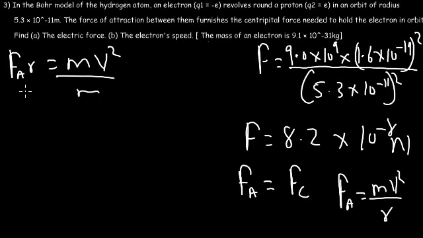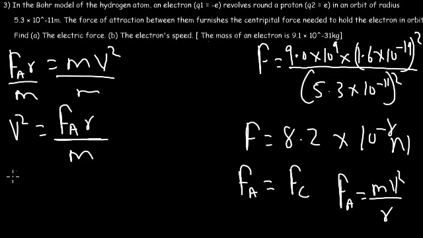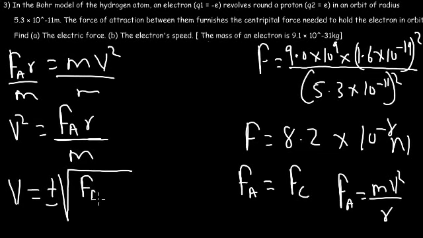So I'm going to divide both sides by the mass of the electron and I have v squared to be equals to the electric force of attraction multiplied by the radius, which is the distance, then divided by the mass of the electron. Then finally, I should take the square root of both sides, and I should have the speed of the electron to be equals to plus or minus the square root of the radius multiplied by the force of attraction, divided by m.